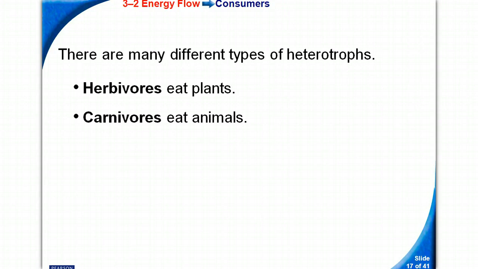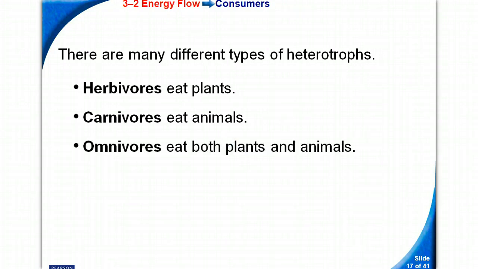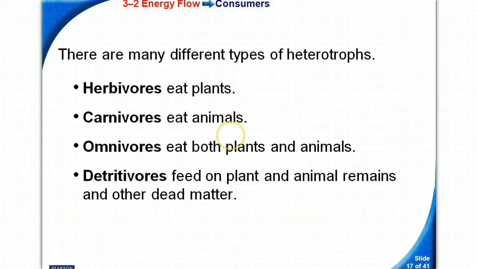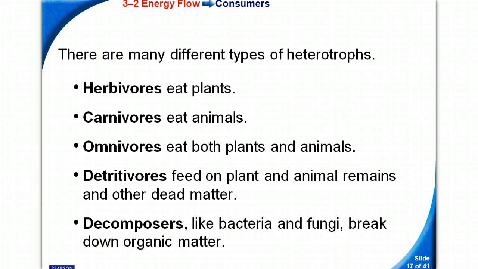Carnivores eat only animals. Omnivores eat both plants and animals. Detritivores feed on plant and animal remains and other dead matter. Decomposers, like bacteria and fungi, break down organic matter.